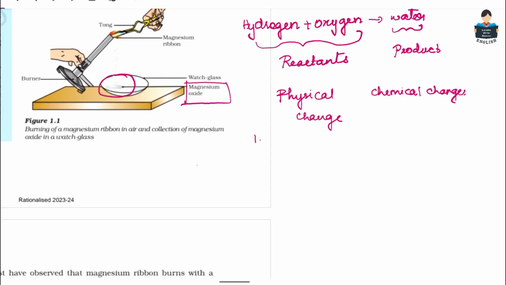First point, in a physical change, no new substance is formed. And in a chemical change, as we just saw, a new substance is formed.